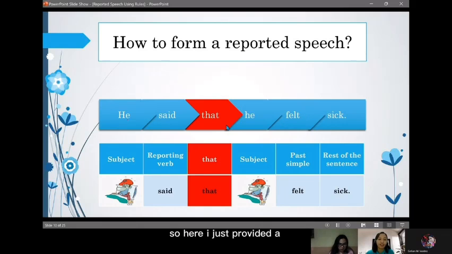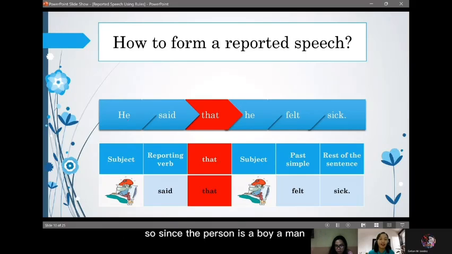So here I just provided an illustration so you can better understand. Here the subject is Luke, and then the reporting verb said, and then the optional that, and then the subject again, but we don't use the name of the speaker, we instead use his pronoun.